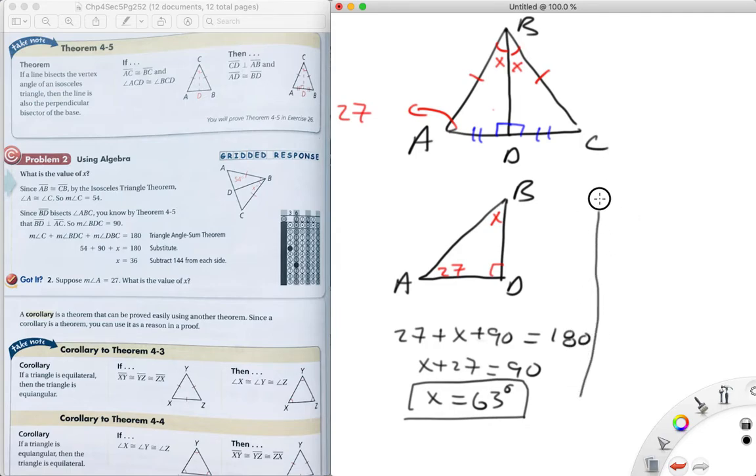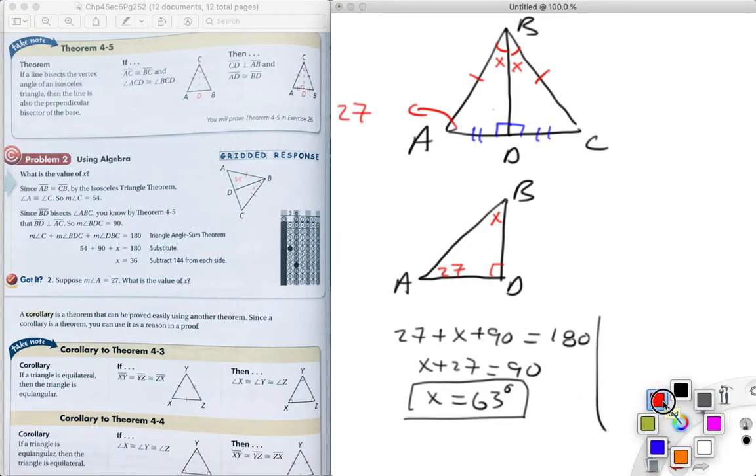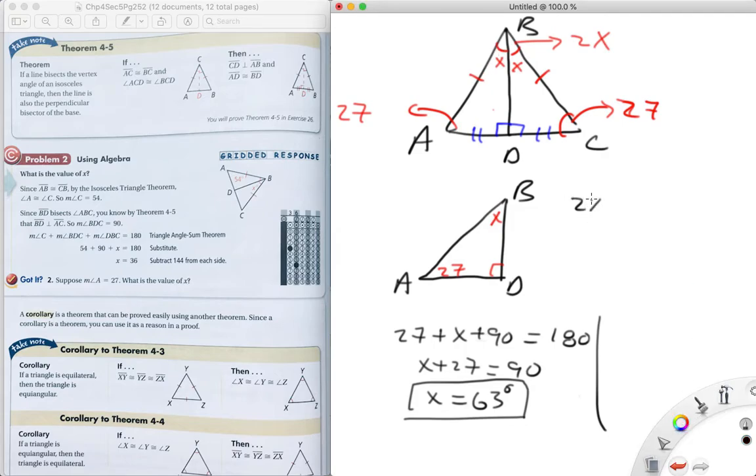And this is the way I would have done it. There are so many different ways to solve this, but since I know that this is 27, then I know that this guy is also 27. Instead of calling this X, I would just call this 2x because I'm adding them together. So then I can say that 2x plus 27 times 2, which is 54, equals 180.